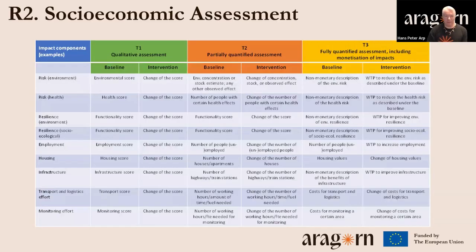And then there's the socioeconomic assessment, which I will just go over briefly, but there's different approaches you can take, such as a cost efficiency analysis or a cost benefit analysis. But in the different tiers, it's also about, again, through co-creation, working with the stakeholders to decide what your goals for the site are. Is it the chemical risk? Is it the resilience and the resilience indicator like soil health?